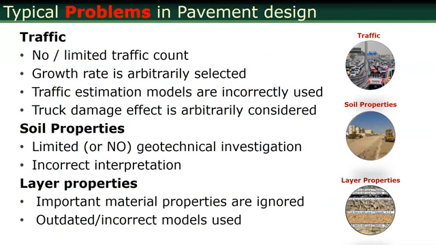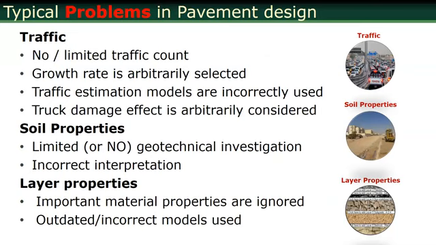Growth rate of the traffic is arbitrarily selected. Okay, let's just assume 1%, 2%. Well, growth rate could be negative. You might have population reducing for that location, so it's not always more than zero. There are traffic estimation models, but they're incorrectly used depending on the location.